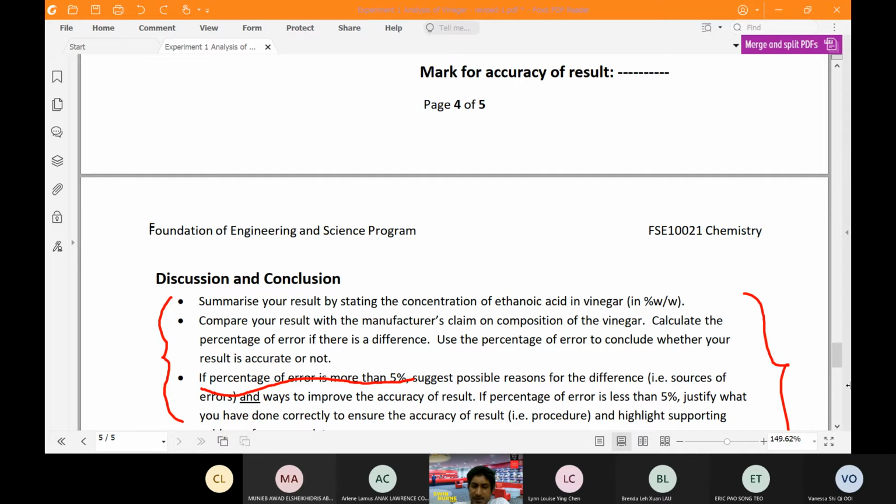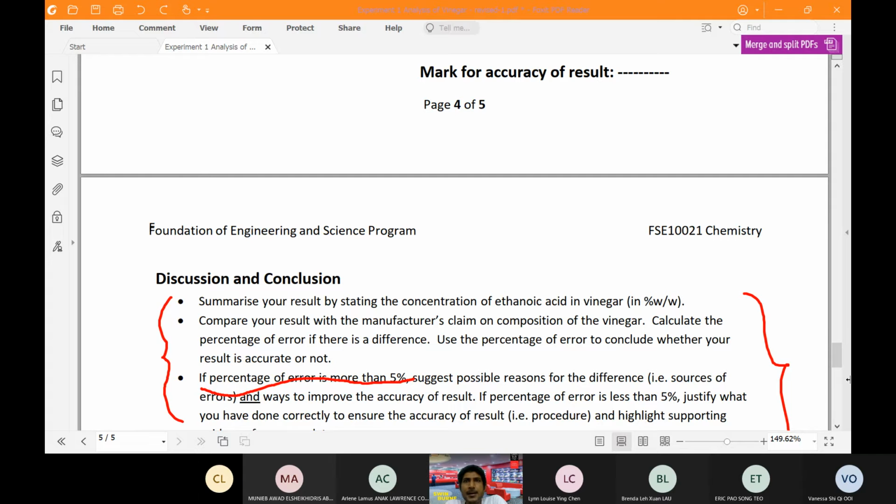If you do not submit, then what will happen? You will lose marks. For every 24-hour delay, you will lose 10% of marks.